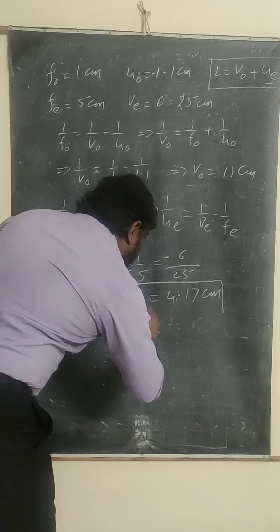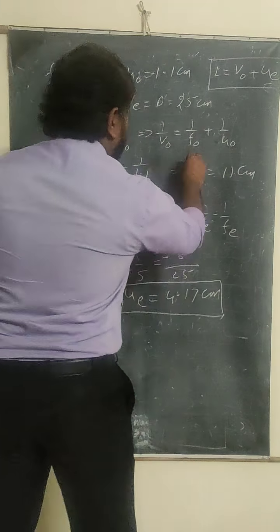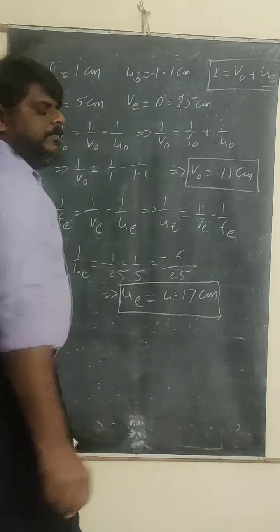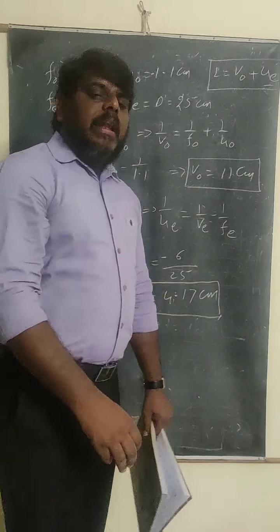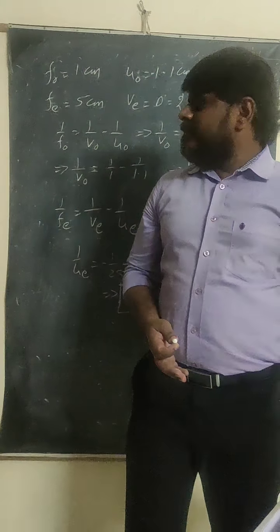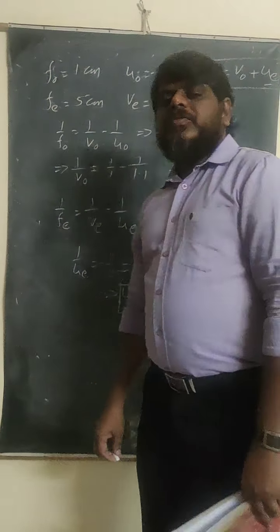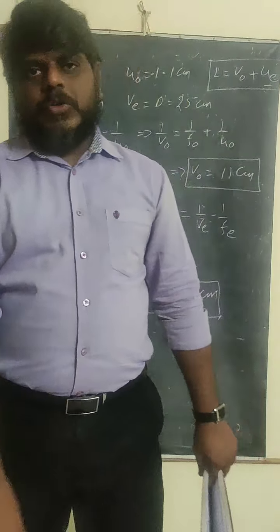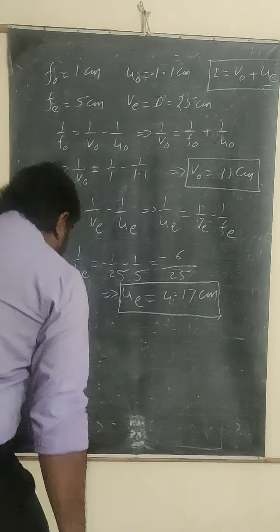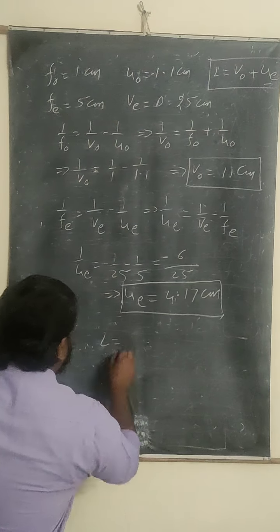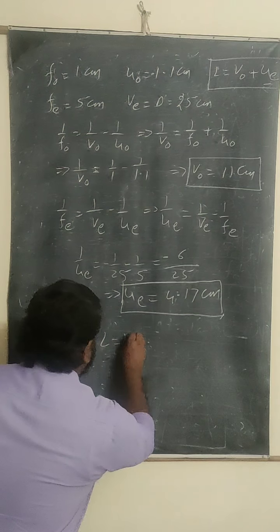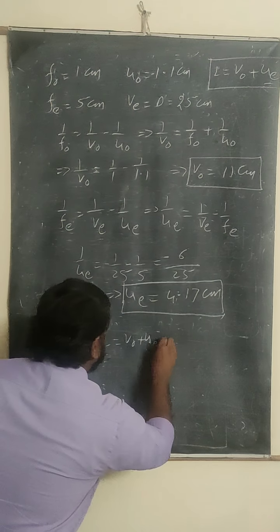So here we calculated the UE value, and earlier we calculated the V naught value. Both values were calculated using the lens formula, and we are going to substitute both in this formula to find the length of the microscope. So the length of the microscope L is equal to V naught plus UE.